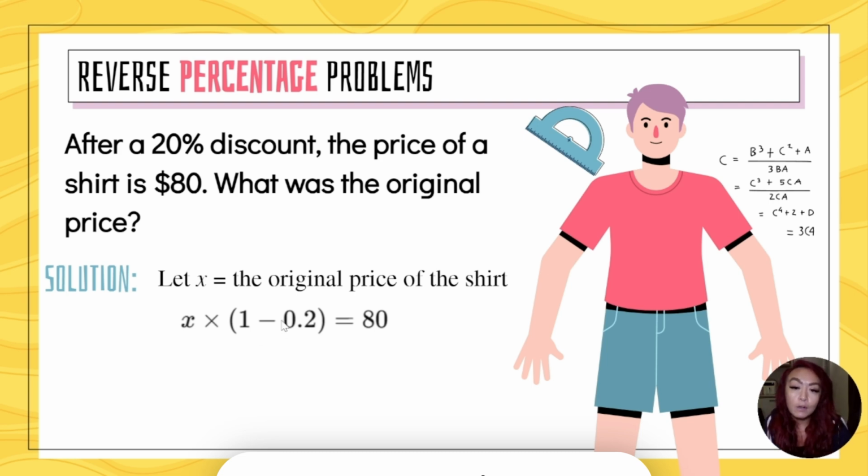This 0.2 is the 20% discount, and we're subtracting from 1 because it's a discount, so it's a decrease. Now we'll use inverse operations to solve for X. We divide both sides by 0.8, which I got because 1 minus 0.2 is 0.8, and we get X equals 100. So the original price of the shirt was $100.